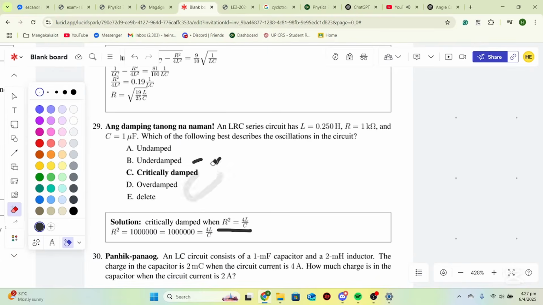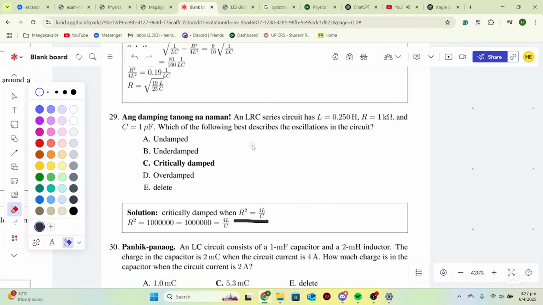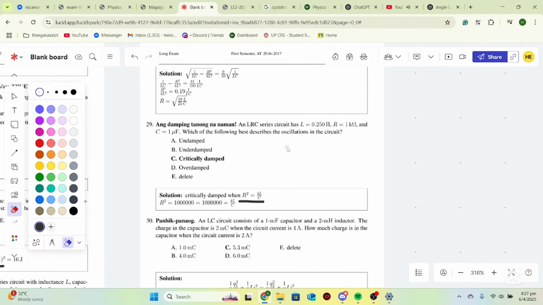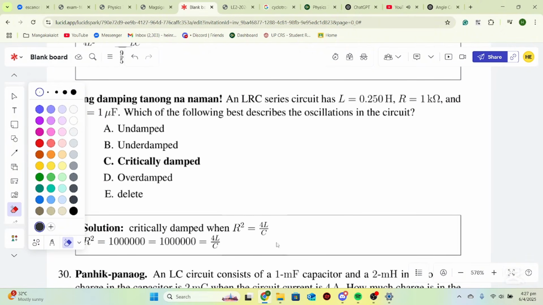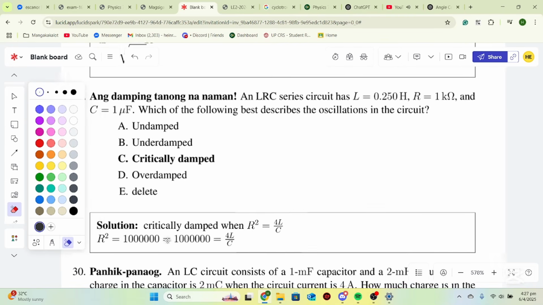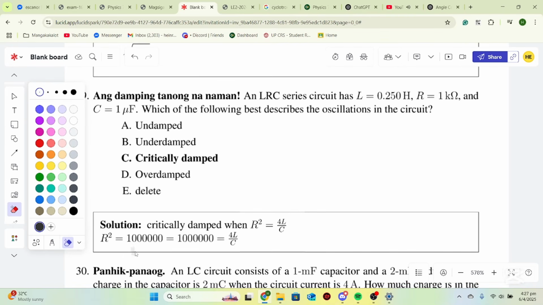Okay, so for number 29, an LRC circuit has L equals 0.25 Henry, 1000 resistance, and 1 times 10^6 charge. Which of the following best describes oscillation? So we use this equation: R squared equals 4L over C. When we do that, we get 10,000 and 10,000, so both are equal to each other.